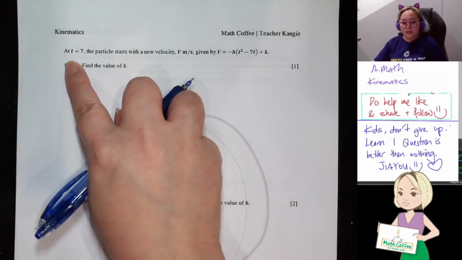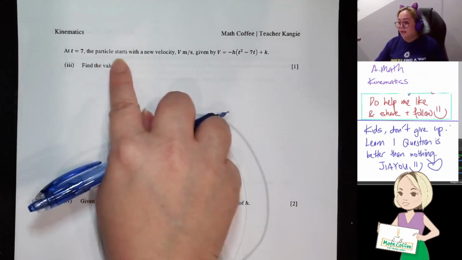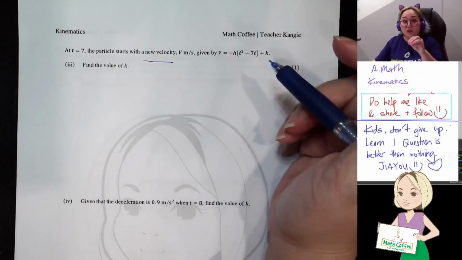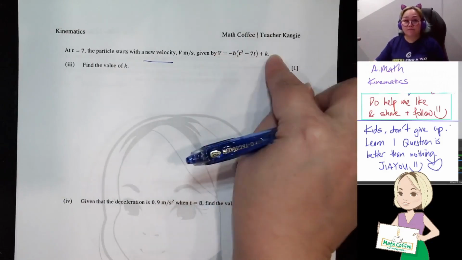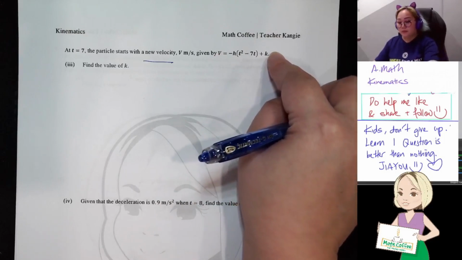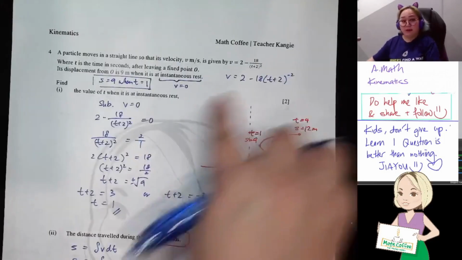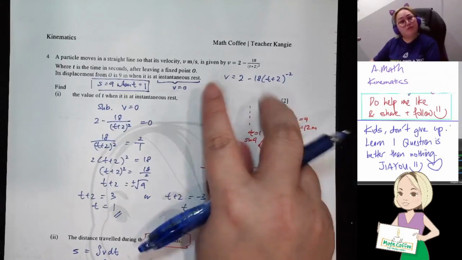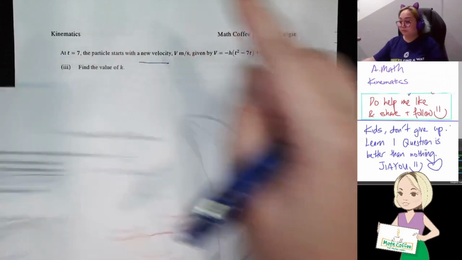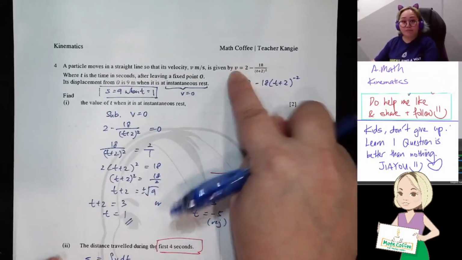They say at t equals 7, the particle starts with a new velocity, another velocity expression, which is this one. But it is on the same diagram. They are saying that from t equals 0 to t equals 7, the velocity is this one.